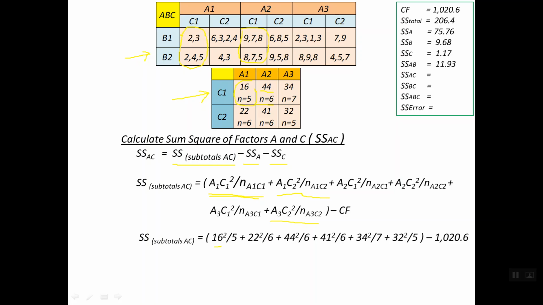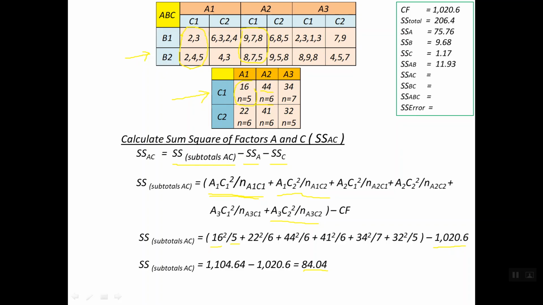For example, the sum of A1C1, we square it, divided by the number of observations for this combination, which is 5. The same way for the rest. And finally, we subtract the correction factor. So you can simply find the value of the SS for the subtotals, AC.